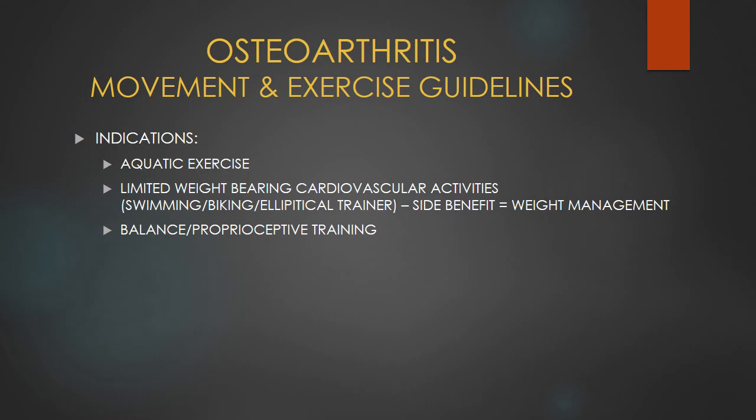Also recommended for osteoarthritis and joint degenerative changes patients are balance and proprioceptive training exercises. And the purpose of balance and proprioceptive training exercises is to help maintain the neuromuscular control of the involved extremity and of the involved articulation.